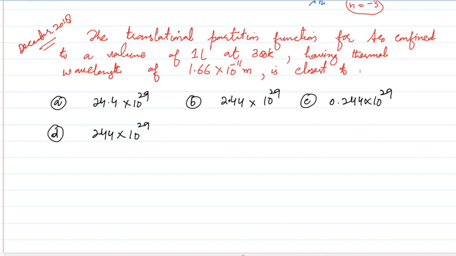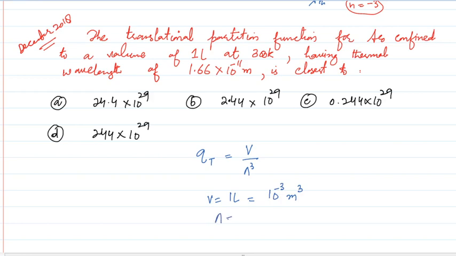So it is very simple. We will simply use that the translational partition function is equal to V upon lambda cubed. V is here given equal to 1 liter. You have to simply change it into cubic meters. It is very simple: it will be 1000 cubic centimeters, and that will be equal to 10 raised to power minus 3 cubic meters.